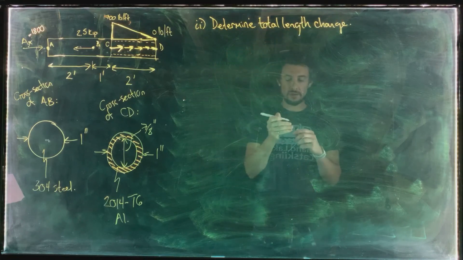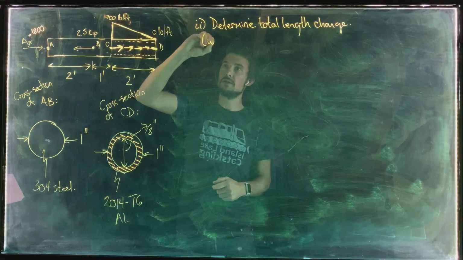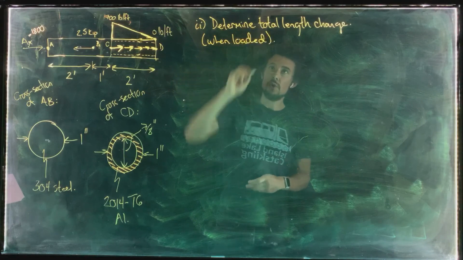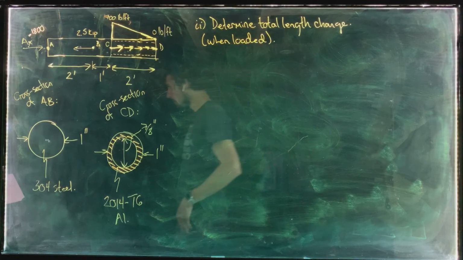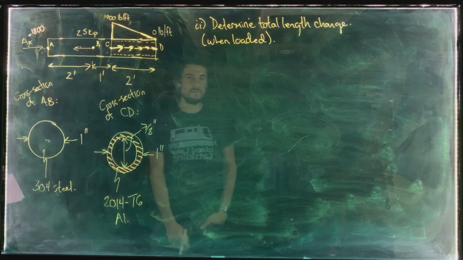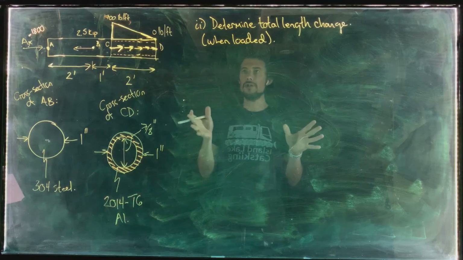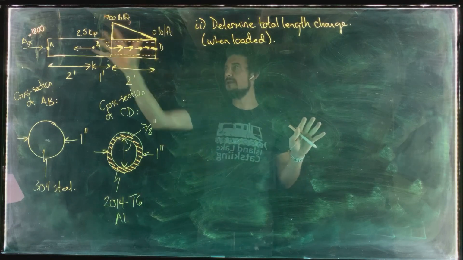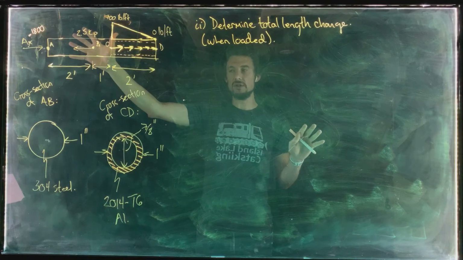Determine total length change, and that means when loaded. Okay. So whenever you're given a problem like this, all of the dimensions that you're given are the unloaded dimensions of the object. Okay, these are the dimensions before these loads are actually applied.